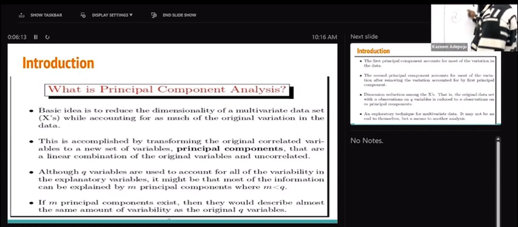Now, if I have so many variables, I'm going to give you an example. Maybe I want to predict United States GDP, maybe for 2023. If I want to predict United States GDP for 2023, of course I need a lot of information available.